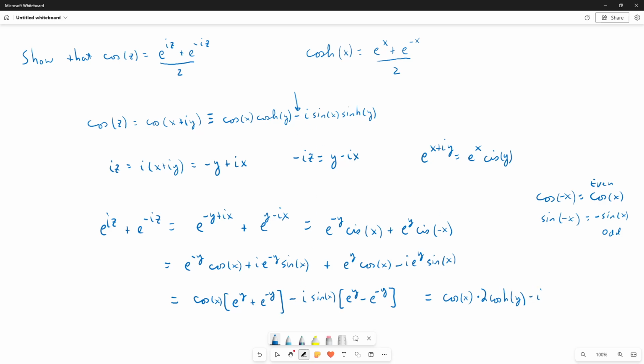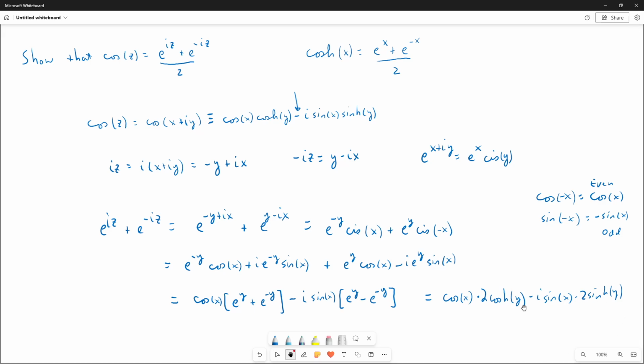Here I'm copying, and it's matching, minus i sine x. And then this one is the hyperbolic sine, except the hyperbolic sine has it divided by 2, so this one is twice the hyperbolic sine of y. And then we can factor out the 2 and divide it to the other side and write the final form.